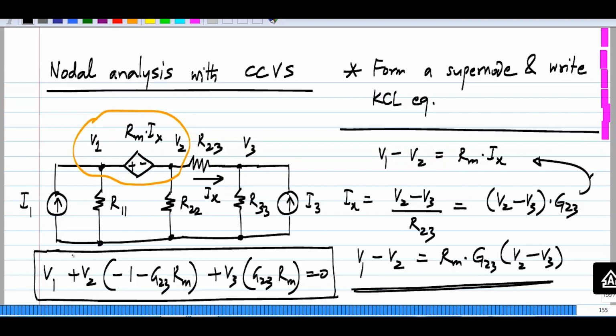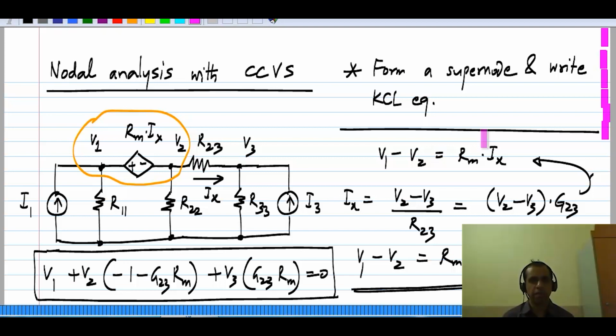The only difference is you had to go through an extra step to identify what is on the right hand side, because the current is unknown and the primary variables in nodal analysis are the node voltages. So you have to write that current in terms of node voltages. Okay. So when the controlling current is flowing through a resistor, whether you have a current controlled voltage source or a voltage controlled voltage source, you analyze it similarly.